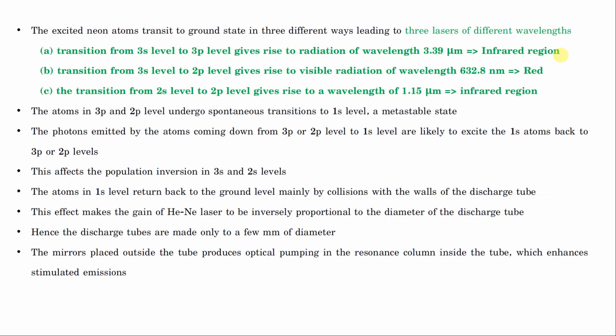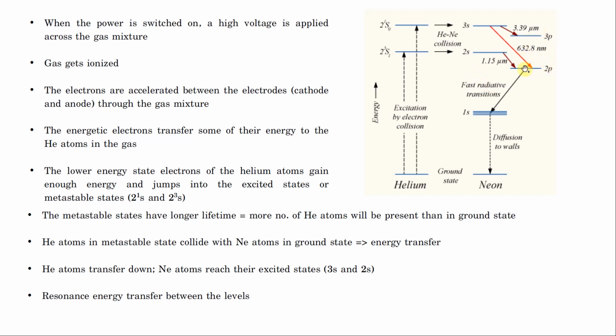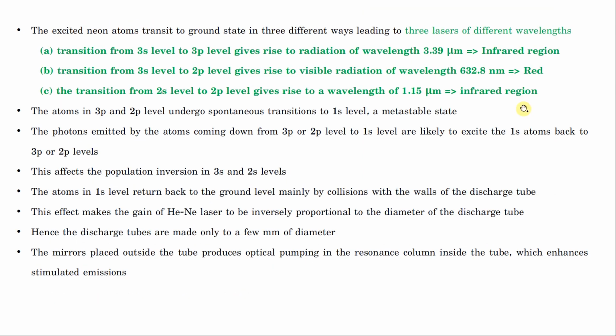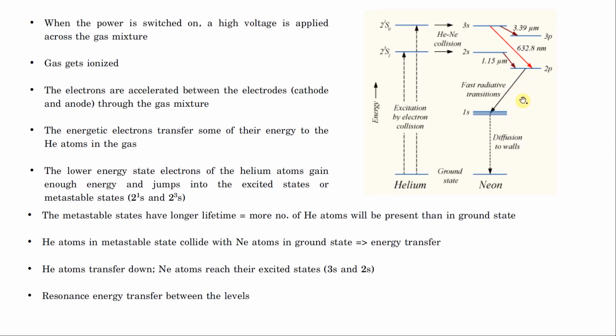Now the next step is that once they are in the 3p and 2p levels, they can undergo a fast radiative transition to the 1s level. This will be a spontaneous transition, a very fast, very quick spontaneous emission. In spontaneous emission, we do get some photons being produced. These photons can be absorbed by the 1s atoms.